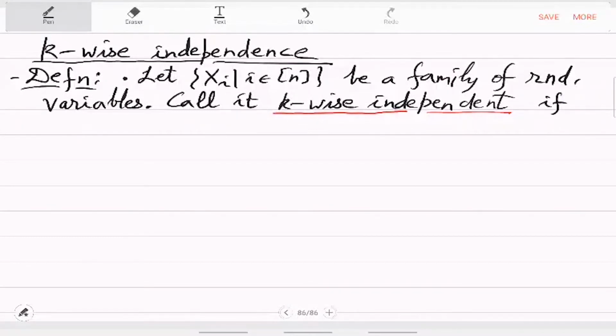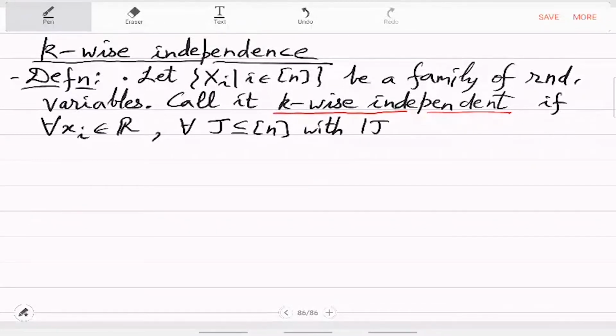So, if for all xi's real numbers and for all subsets J of 1 to n that are at most k in size, you look at the probability of the intersection of these events.